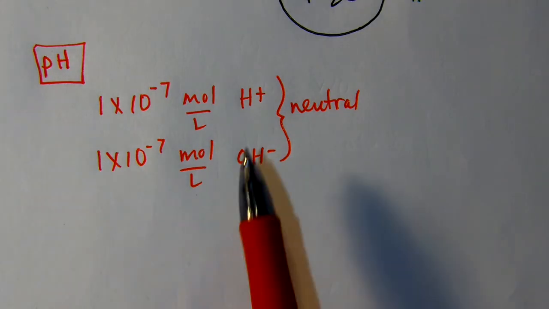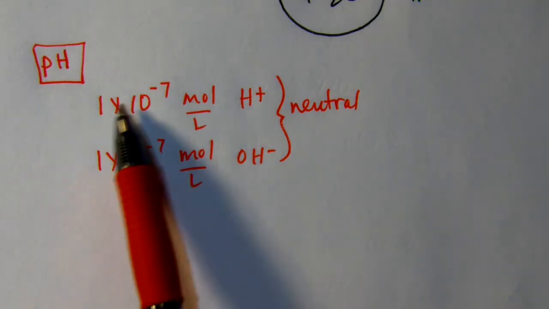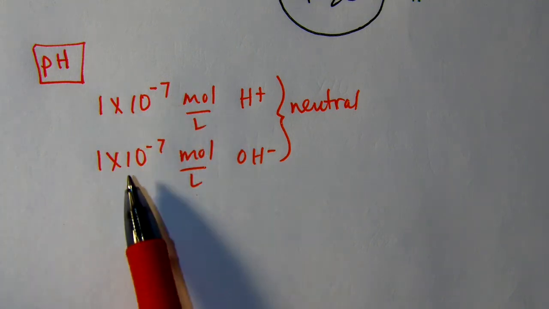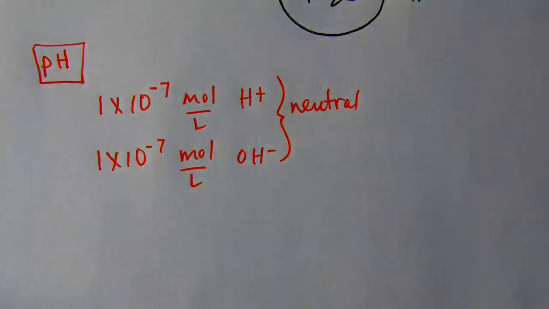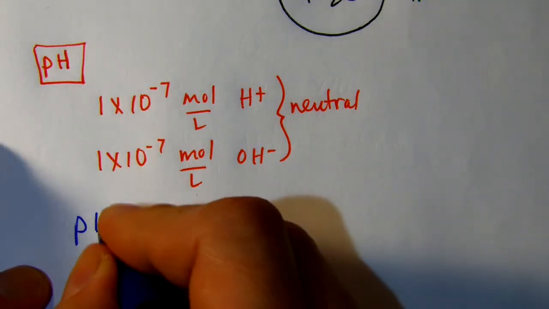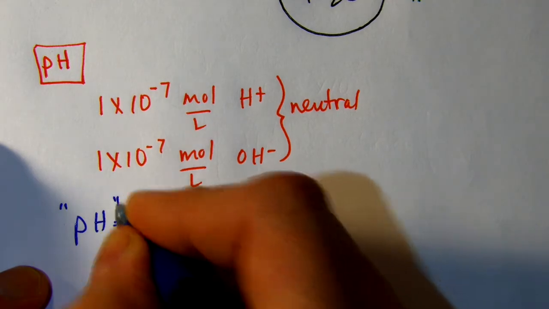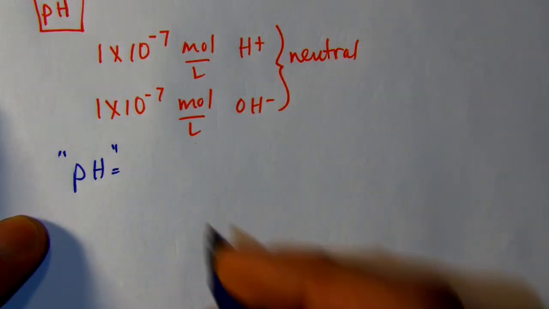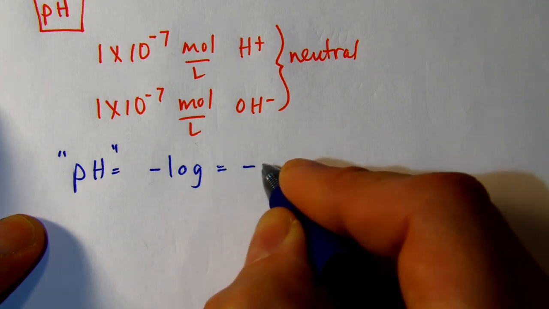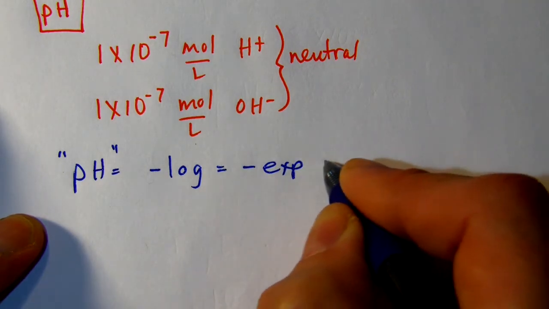But we saw in the last video that to write these out in conventional ways is just ridiculous. 6 zeros and a 7. And what if that even got smaller and smaller? So what somebody said was, why don't we do this? Why don't we just say the pH is actually just the negative log, which is like it's just a negative exponent of 10.